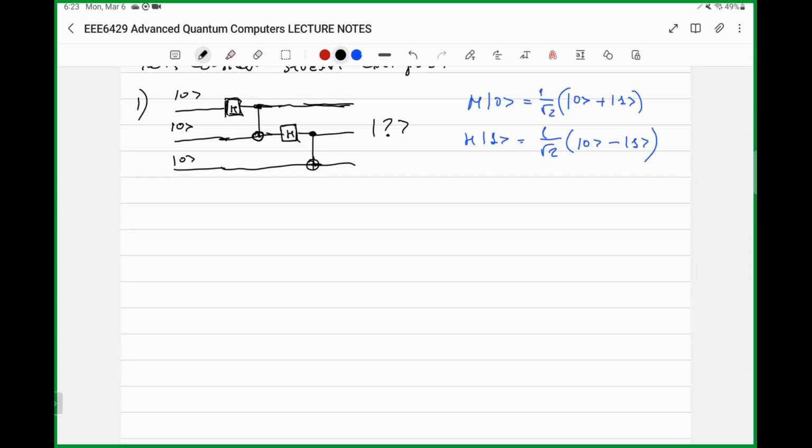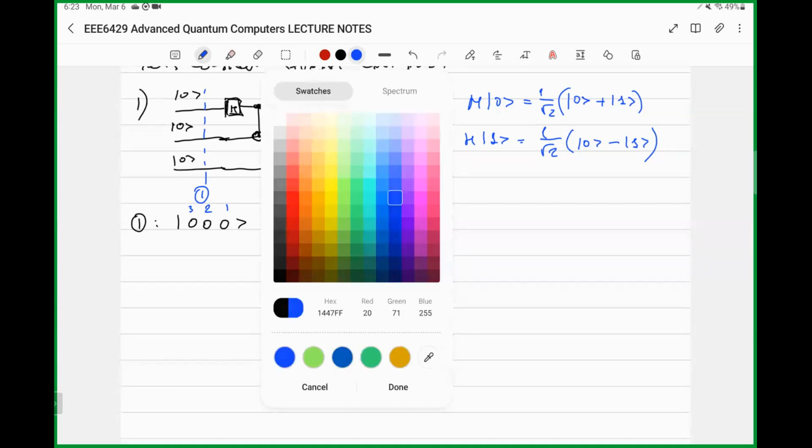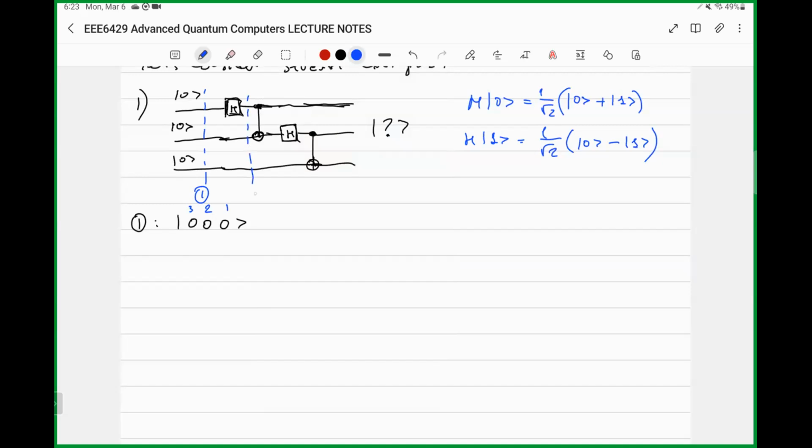So the first operation, again, let's go step by step from left to right as the gates apply. The first step here is this one. So the state in this stage one is simply 0, 0, 0. This is the initial state, with the first qubit this one, second this one, third this one. Then the next step is applying the Hadamard gate to the first qubit.